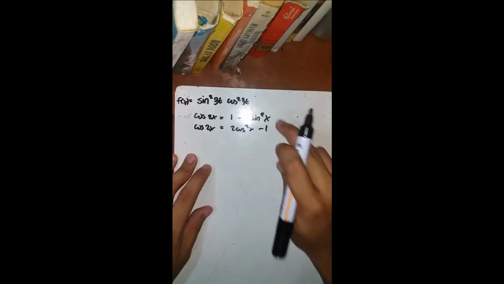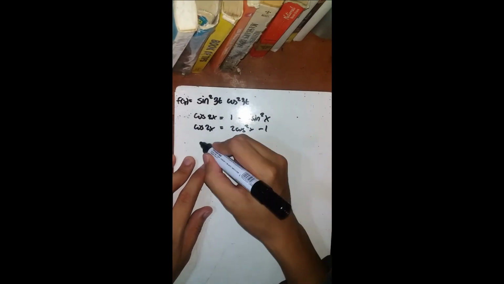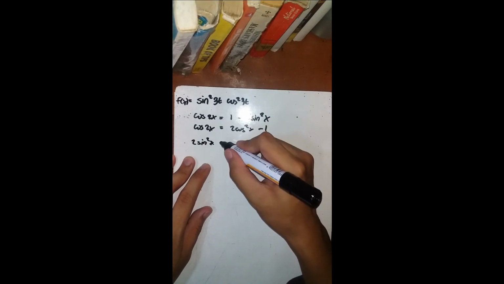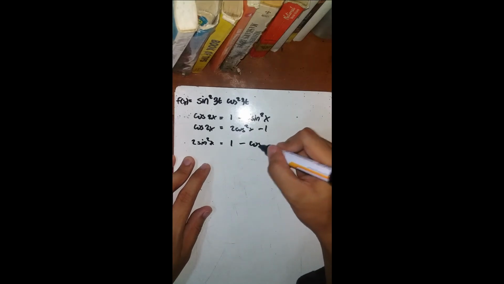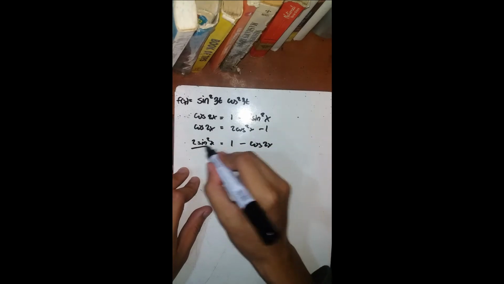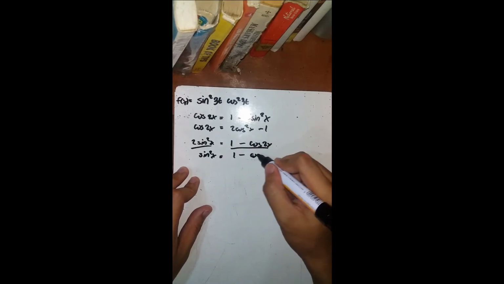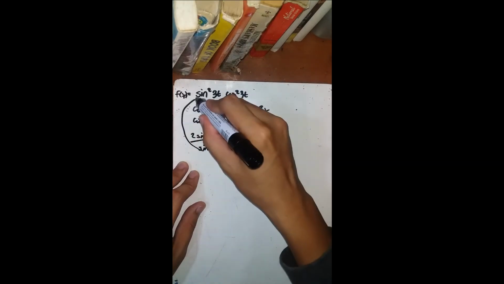Okay, so simplify these further. Here we have 2 sine squared x equals 1 minus cos 2x, so divide this by 2. What's left is sine squared x equals 1 minus cos 2x all over 2. This is for your sine.